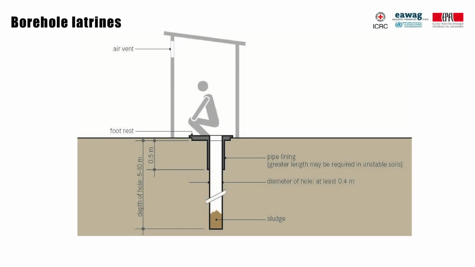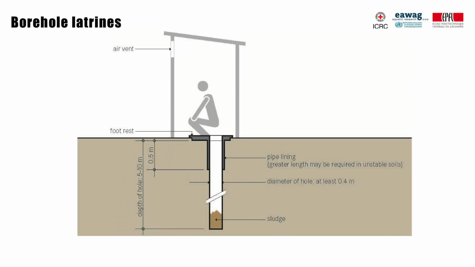A borehole latrine is a technology that is used mainly in the acute response phase, when a large number of latrines need to be constructed rapidly and the site conditions do not allow for excavation of bigger pits. With a borehole driller available, this can be a quick way of digging a great number of latrines within a very short period of time. A dry toilet can be used as a user interface on top.